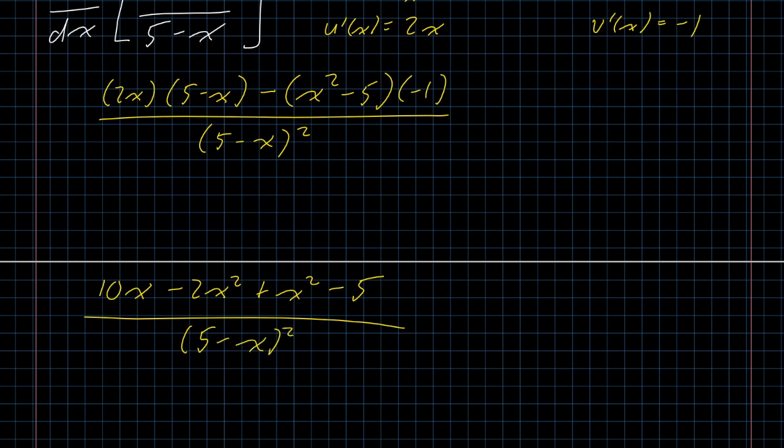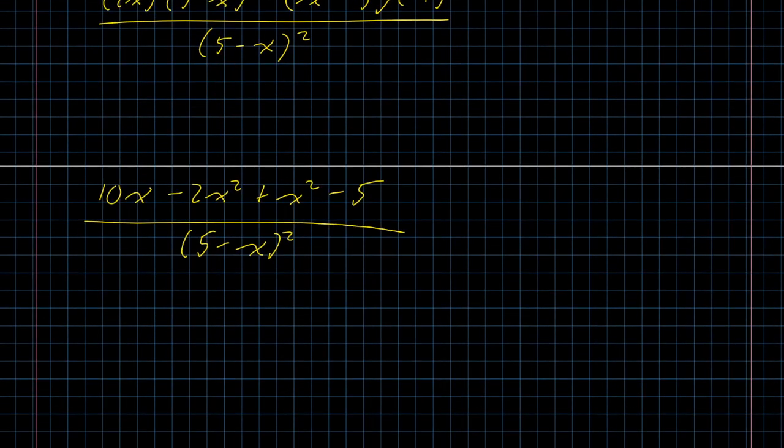I probably won't be able to factor anything, but just in case, I'll go ahead and leave that like that and see what happens. Clean up, combine some like terms. I'm going to end up with minus x squared plus 10x minus 5, all over 5 minus x, the whole thing squared.